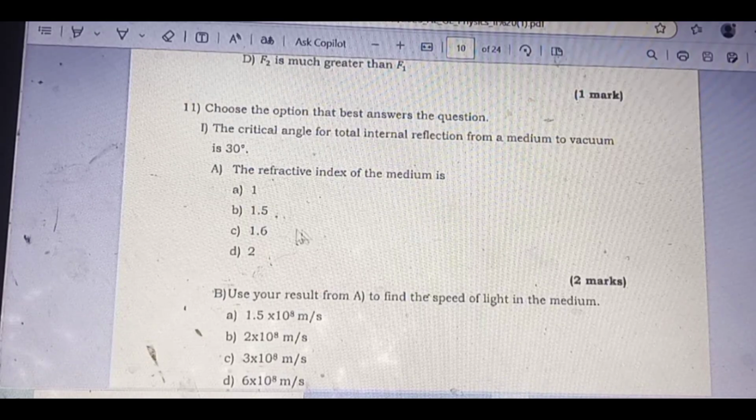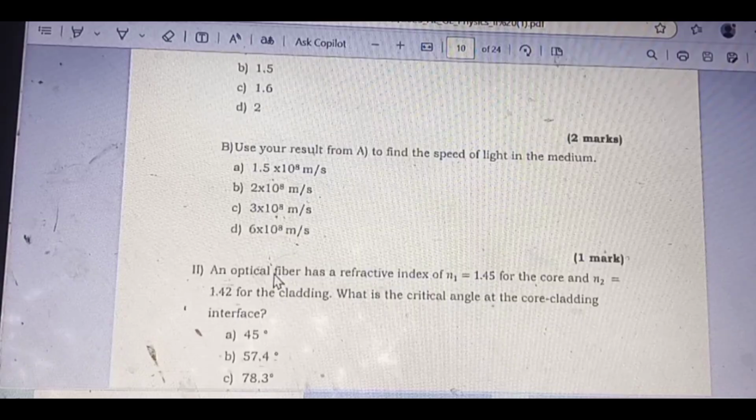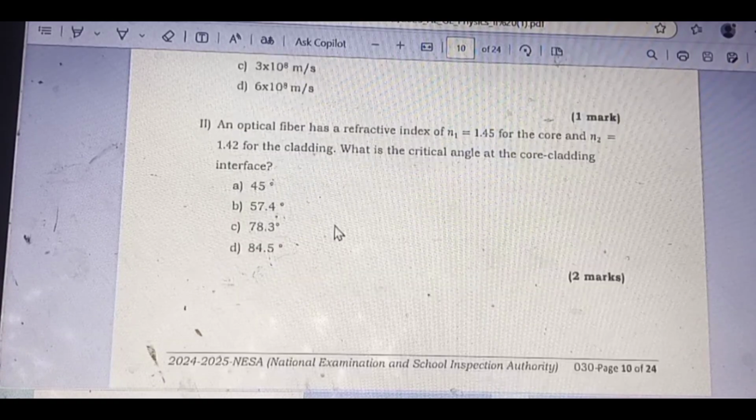The correct answer is 2, letter D. B. Use your result from A to find the speed of light in the medium. The correct answer is B, 2 times 10 to the power 8 meters per second.